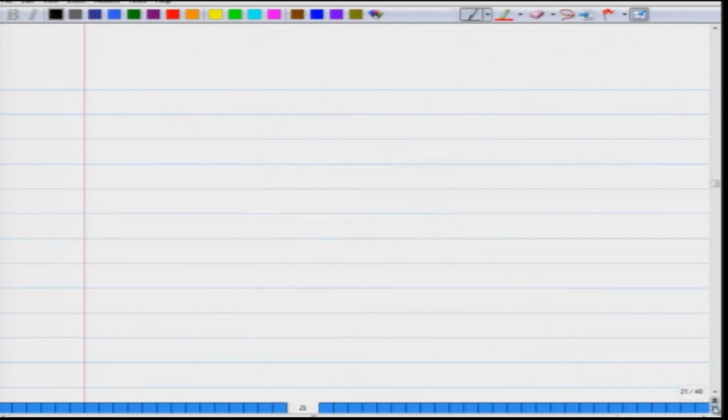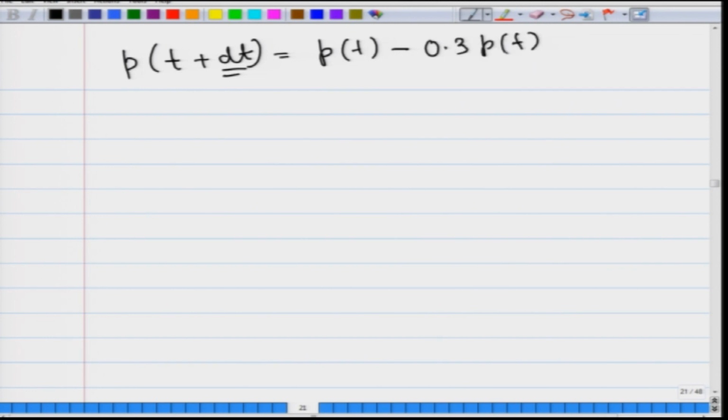So, after a time interval dt, the value of momentum P(t plus dt) will be P(t) minus 0.3 P(t), which is 0.7 P(t). This is option A.